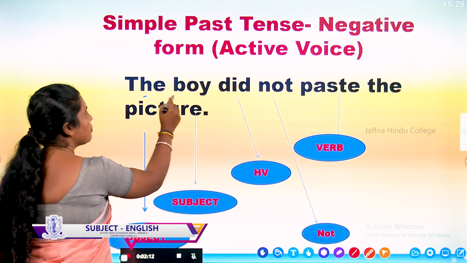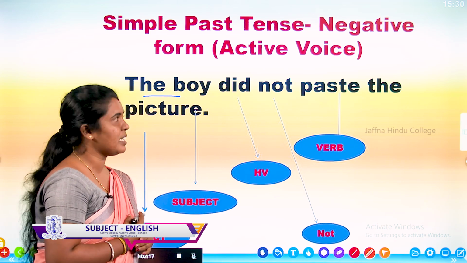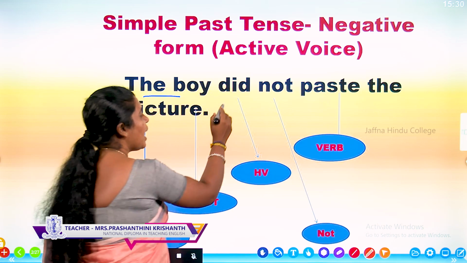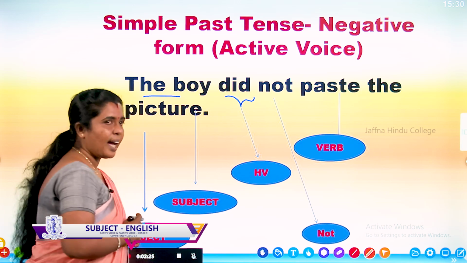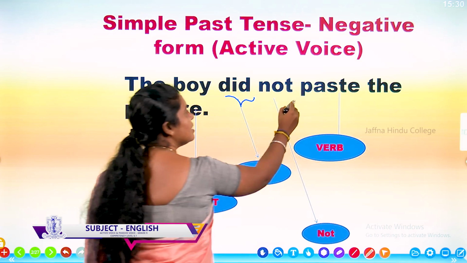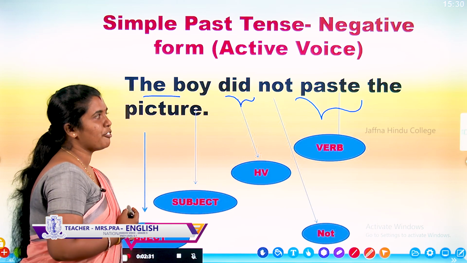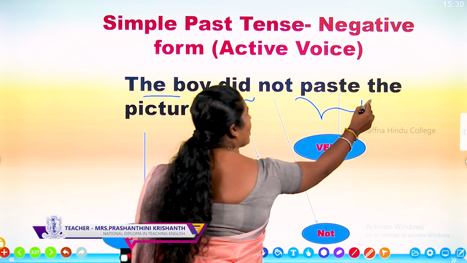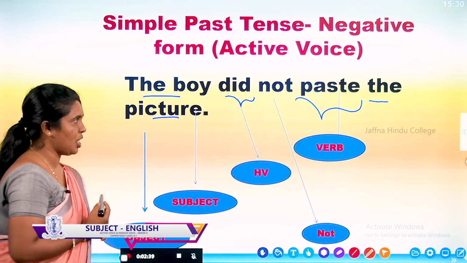The boy is the subject of this sentence. It means the doer of the action, and a helping verb did. Then you have to add not. Then the main verb, paste, is the main verb of this sentence, and the picture is the object of this sentence.